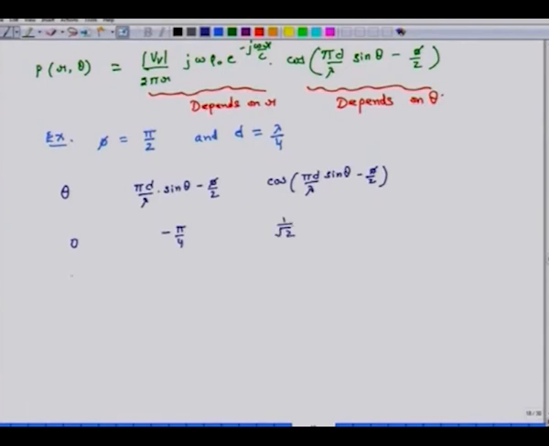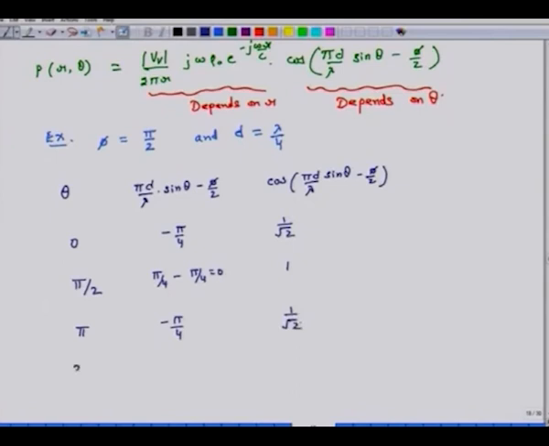When theta is pi over 2, I get pi over 4 minus pi over 4 equals 0, and here I get 1. When theta is pi, again sin theta is 0, so the first term is 0, and I get minus pi over 4, and here once again I get 1 over root 2.